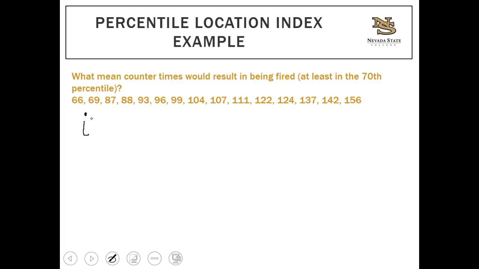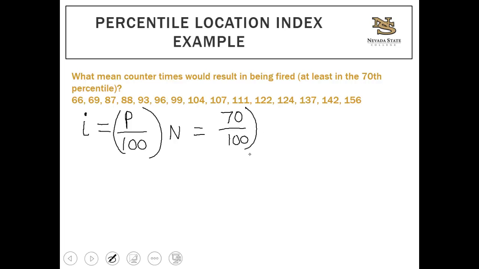So we're going to start by finding the percentile location index. So remember, that's the percentile divided by 100 multiplied by, in this case, our population size. Now we're looking at the 70th percentile, multiplying that by 15.